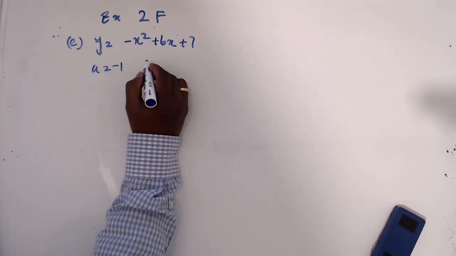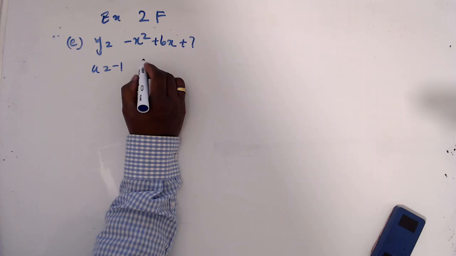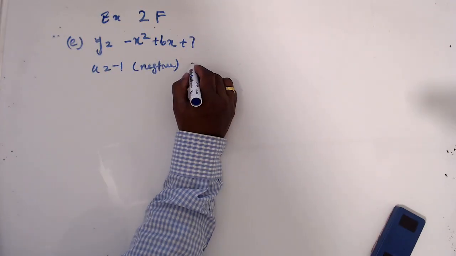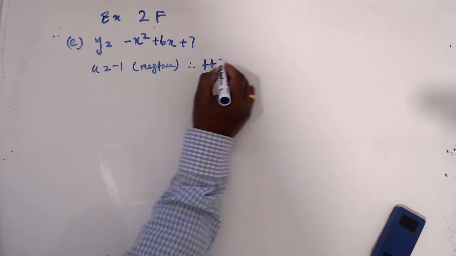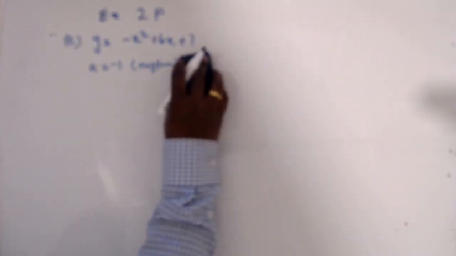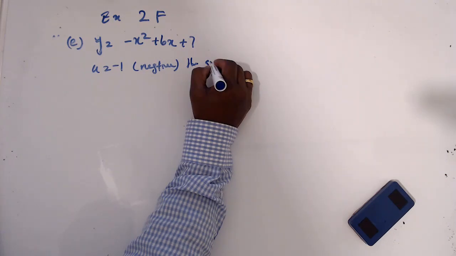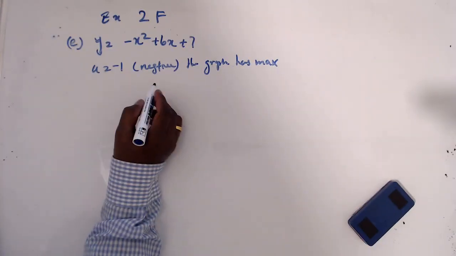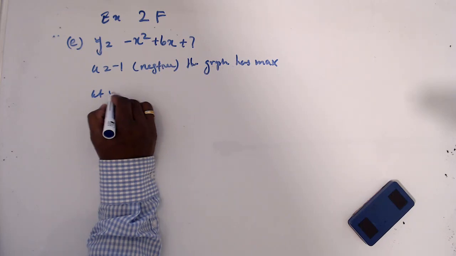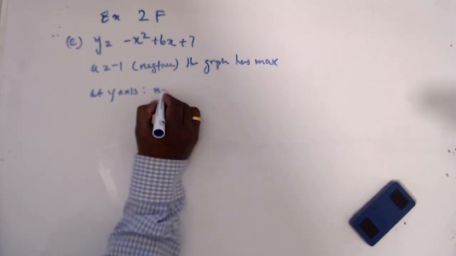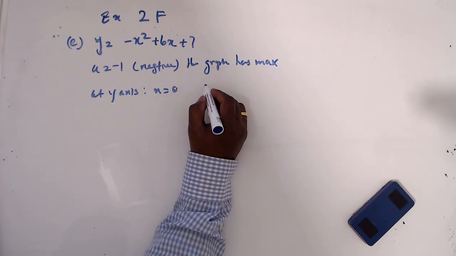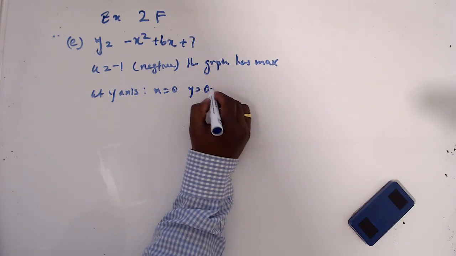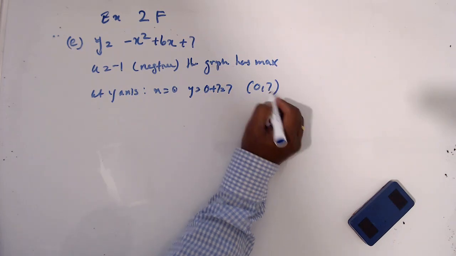A is minus 1, negative, hence the graph has a maximum. At the y-axis, x equals 0, then y equals 0 plus 7, that is 0, 7.